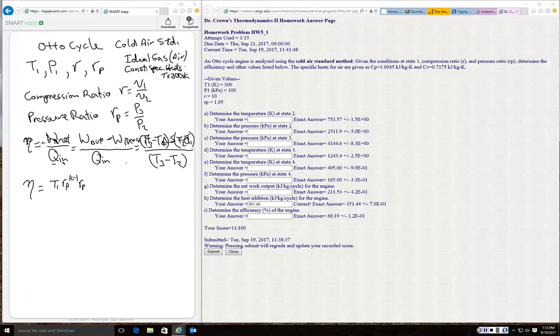T1 times Rp to the k minus 1 is T2, and T2 times Rp is T3, and then minus T4 is the same as the first term, but then divided by R to the k minus 1.